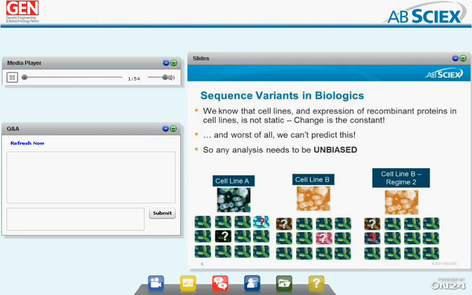So we all know that cell lines and the expression of recombinant proteins is not a static thing, but very dynamic. And we all know that we can't really predict what's going to happen with different cell lines and different harvesting techniques or purification in terms of the sequence variants that appear. So what we really need to do is be able to look for them without any preconception in an unbiased manner.